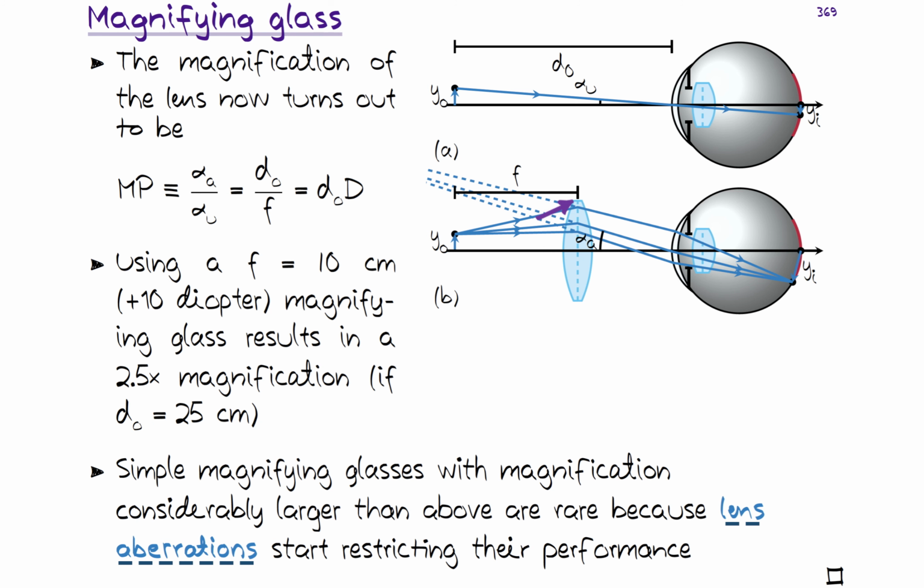And of course, you could have a non-spherical magnifying glass, but polishing those kinds of glasses is not as easy as making spherical surfaces, so in practice, it's most of the time not cost effective to make a magnifying glass that would have a higher lens power and thus a greater magnification.